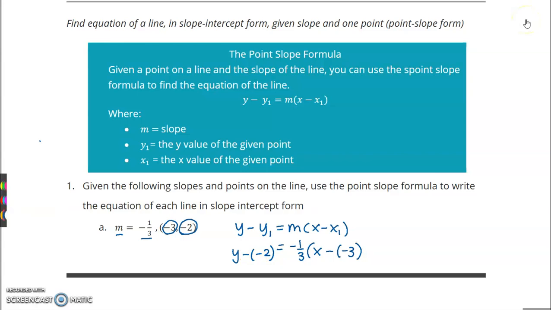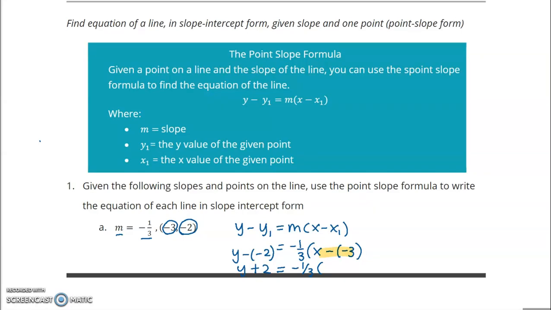And so therefore we write that as y plus 2, and then this is equal to negative 1/3 times the double negatives here. The double negative here will be changed to plus.